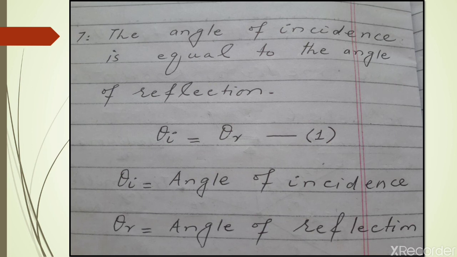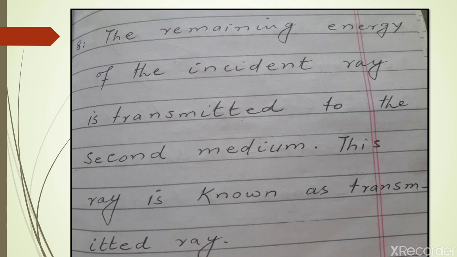The angle of incidence, theta I, is always equal to the angle of reflection, theta r.